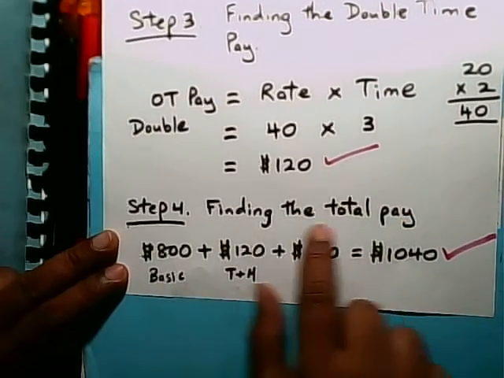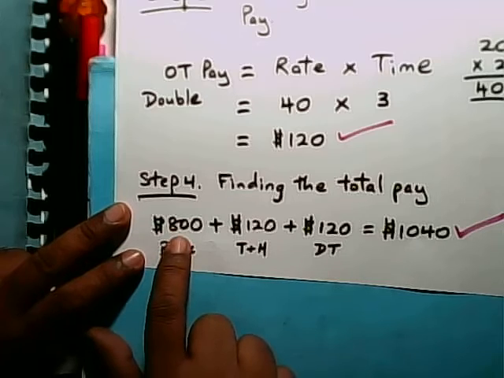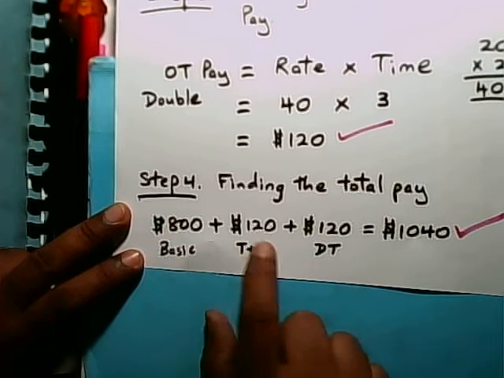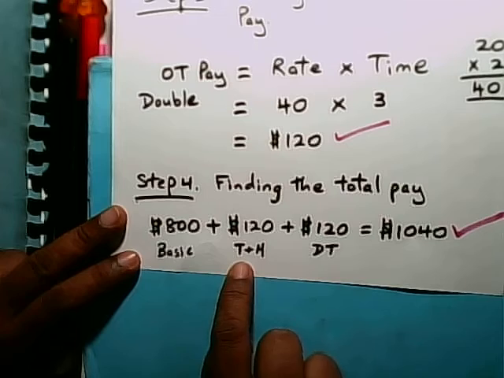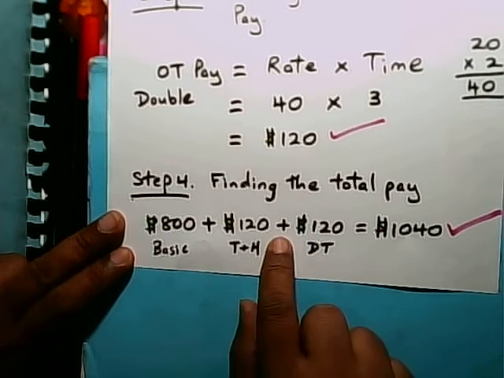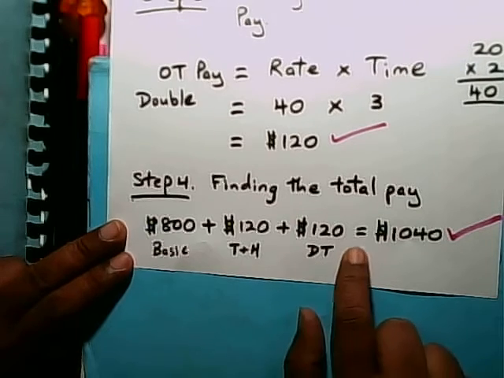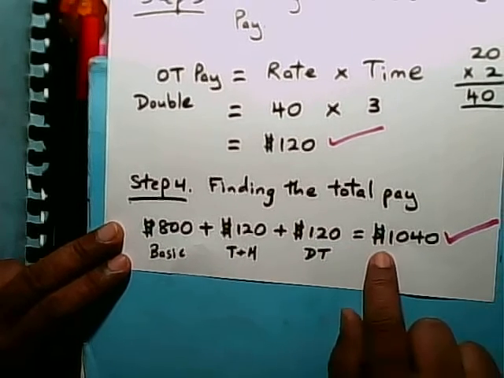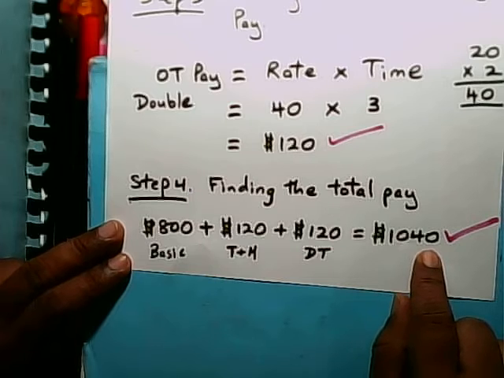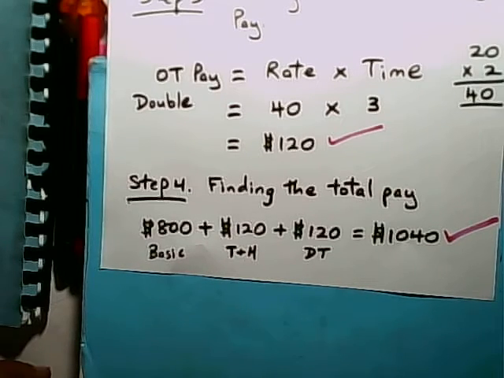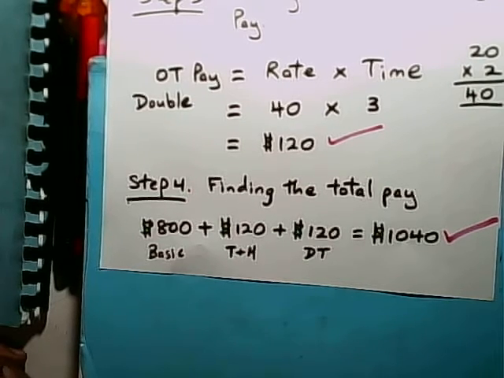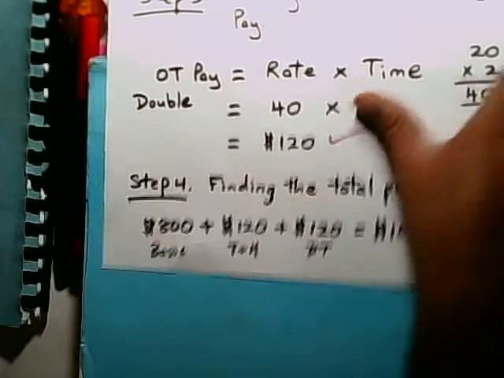Finding his total pay would be the 800, which is the basic pay, plus the first 120, which is his time and a half pay, added to the $120, which was his double time pay. And when you add up all that, you get a total of $1,040, and that was his total salary for the week. If you add up the regular pay and all the overtime money that he gets as well, that's how you work out the sum.